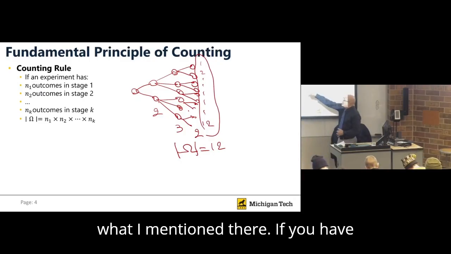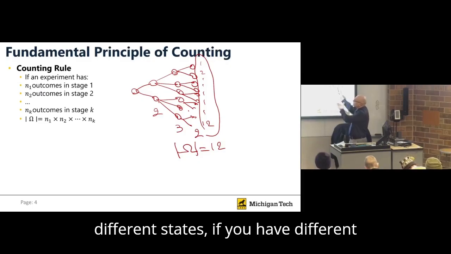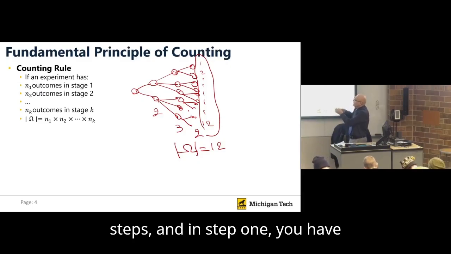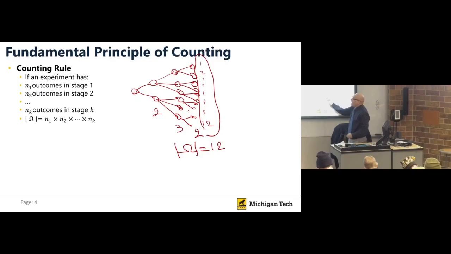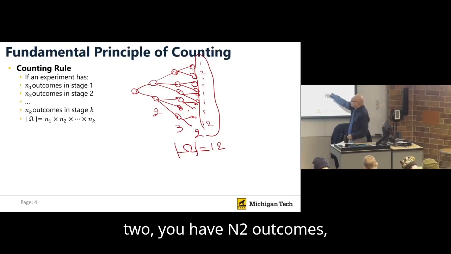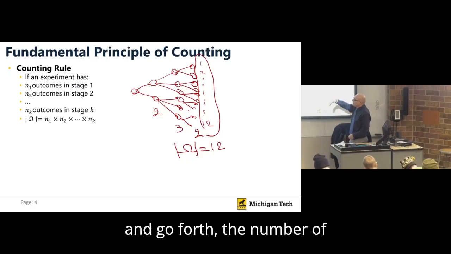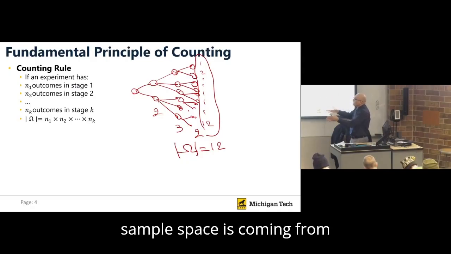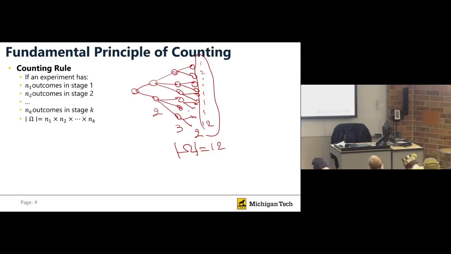Okay? So this is what I mentioned there. If you have different stages, different steps, and in step 1, you have N1 outcomes, in stage 2, you have N2 outcomes, and so forth, the number of sample space is coming from multiplication of them.